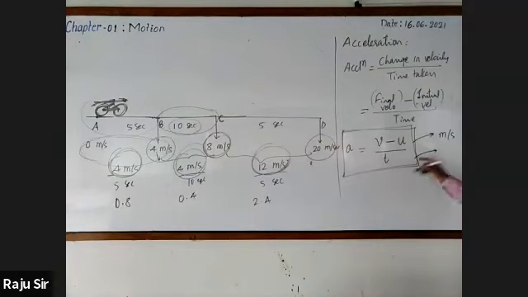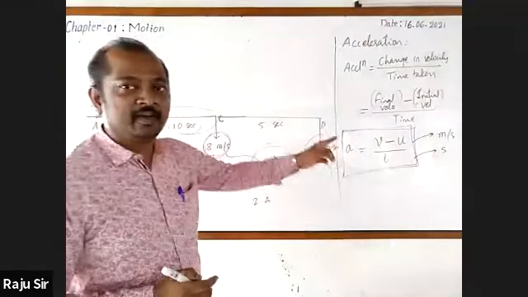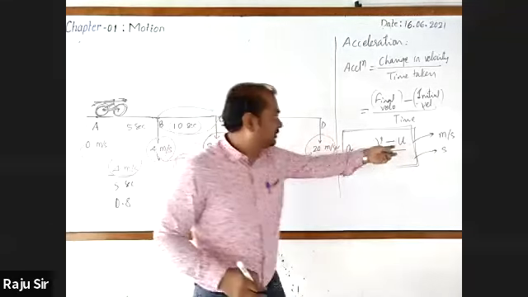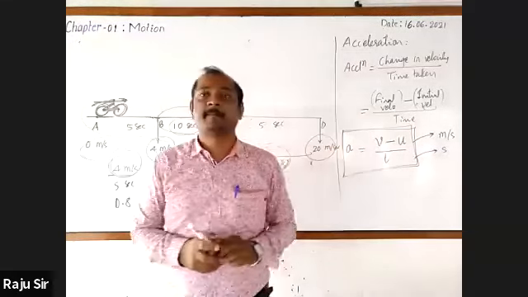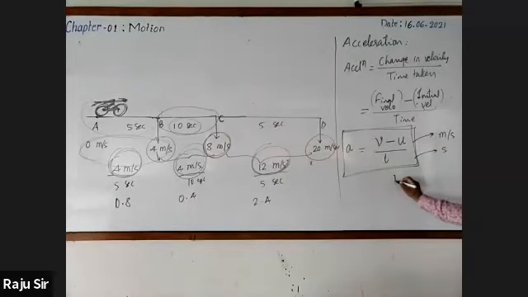Now, you know that the SI unit of time is second. Now you tell, what is the SI unit of acceleration by using this? Meter per second square. Very good. Excellent. Meter per second divided by second.